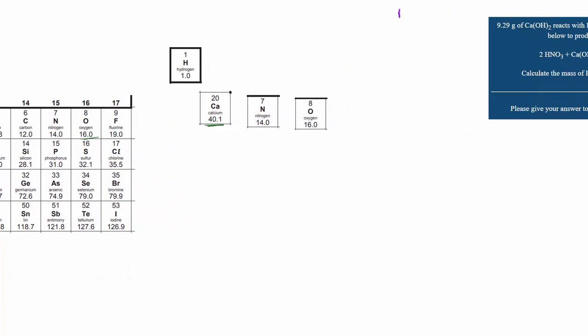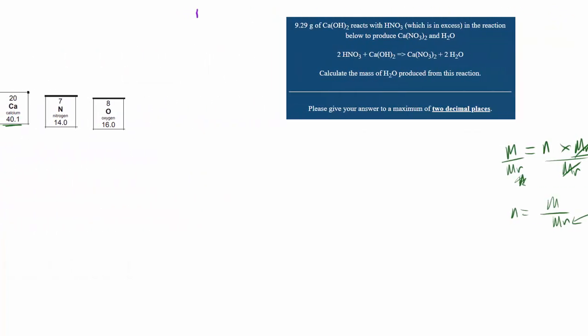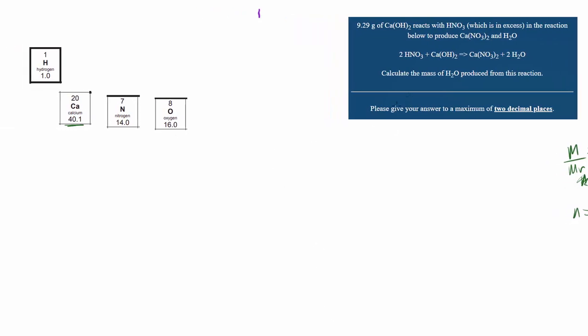So that would be Ca, so that would be effectively 40.1 times 1, right?